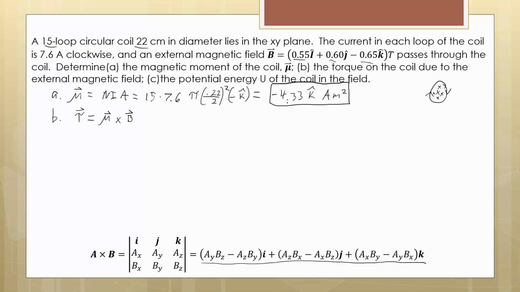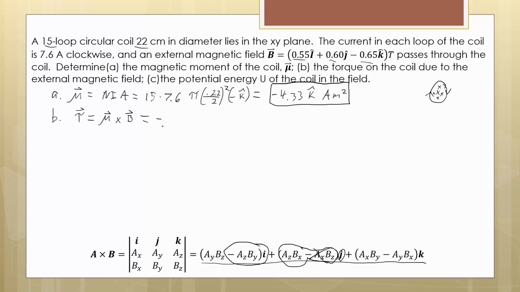In our case though, since mu, the magnetic dipole moment, only has a K component, then the only parts we need to worry about are the ones where we have mu z. So we need this guy here, and then we need this guy here, which is in the J direction, but not including that thing. Okay, so we can go ahead and write this out.